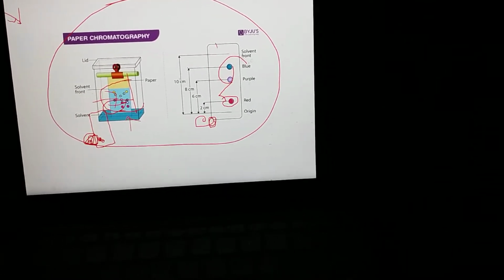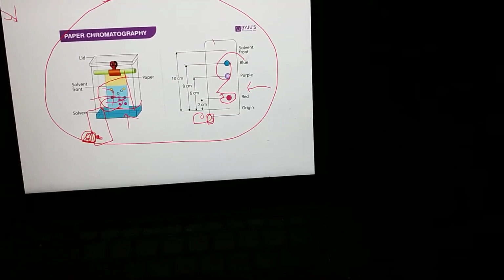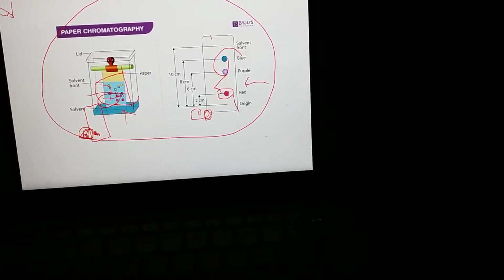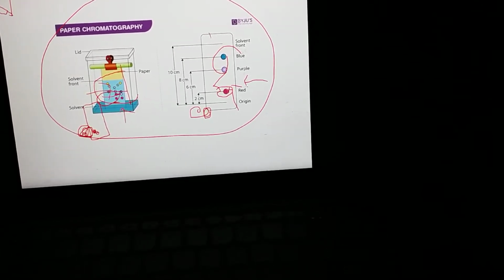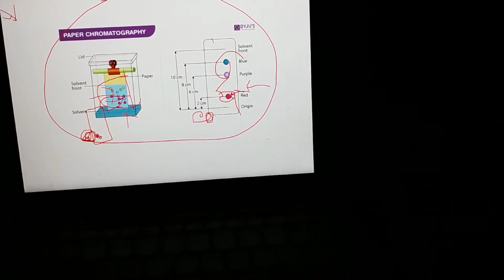Through chemical nature, your component and the stationary phase interact much more, by which it will not move upward much.